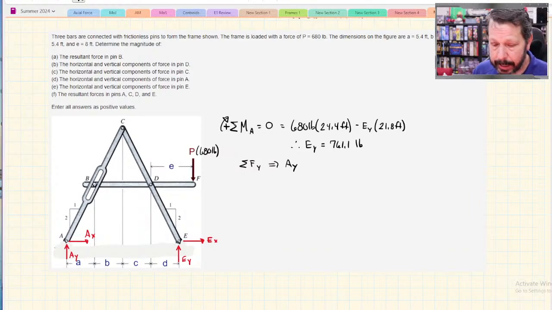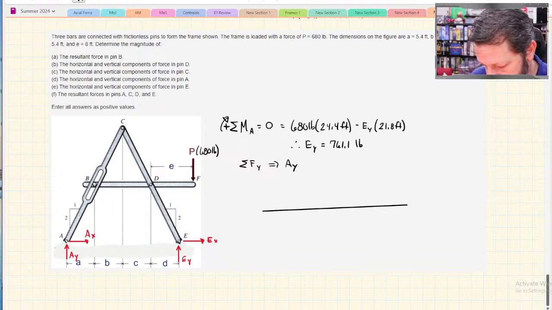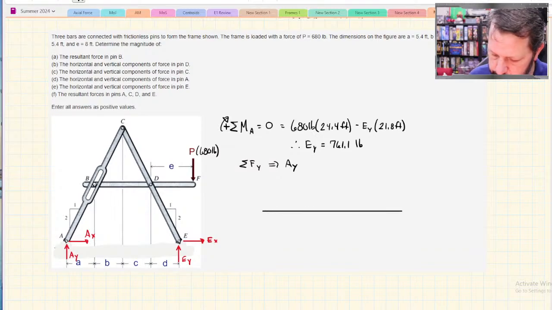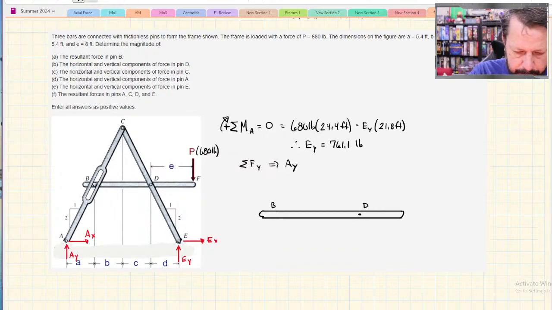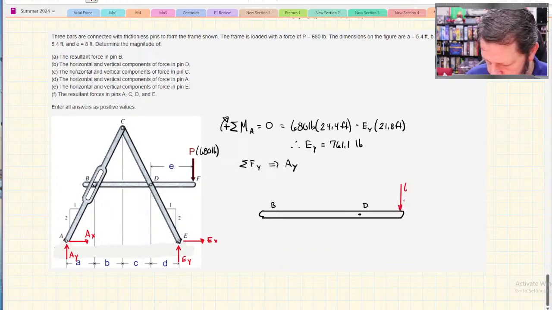So what I would actually do, this problem is probably going to be asking me about member BDF. So that free body diagram, if I can get it to draw horizontal. B is over here somewhere, D is somewhere in there, and F is that point load. D is just a pin.